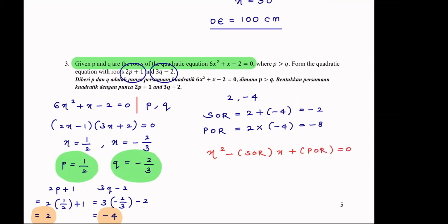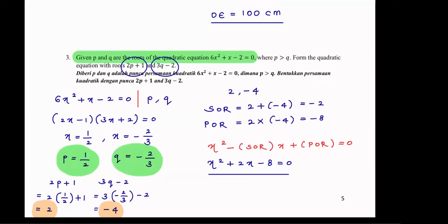Ingat tak belum ni? Okay, ganti dalam dia. So that means your SOR will be plus 2x because you already have negative here. So negative and negative become positive. Now the POR is negative 8 equals to 0. Done. Okay, double check please. Means I can go for next.